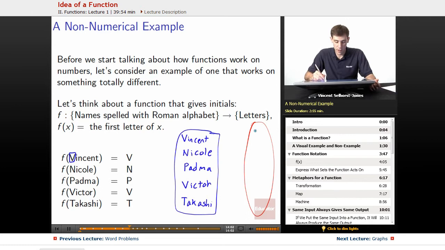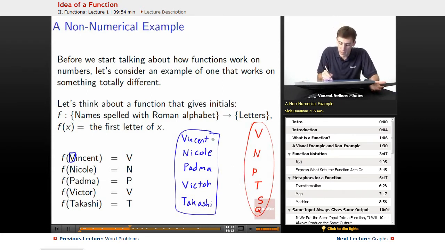So we've got V and N and P and T. And let's put in another letter like, say, S and Q. So Vincent gets mapped to V. Nicole, by this function, gets mapped to N. Padma gets mapped to P. Victor also gets mapped to V. Takashi gets mapped to T.